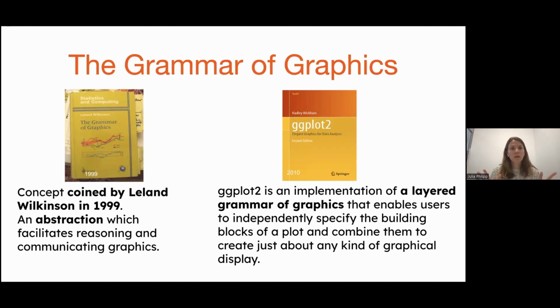And that was just theory. But then in 2010, ggplot2 was developed as an implementation of this grammar of graphics concept. And so this actually builds on the idea that there are independent building blocks to a graph that you can add to each other, and then use that for visualization in R.